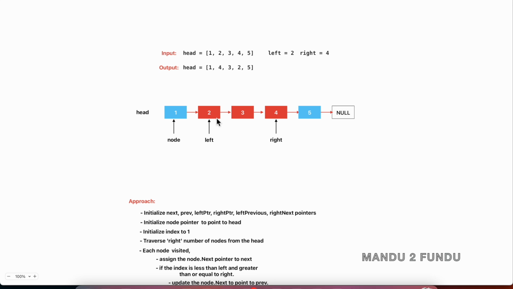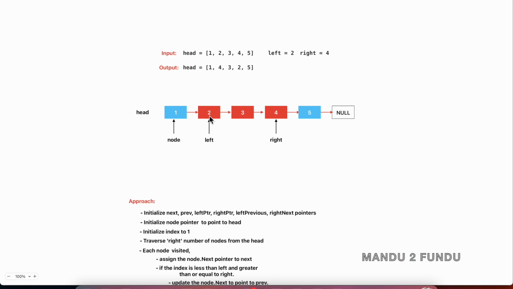As we traverse this section of the linked list, we reverse the links. When we traverse, we locate the left position node and remember it in a pointer left PTR, and also remember the previous node in the left previous pointer.